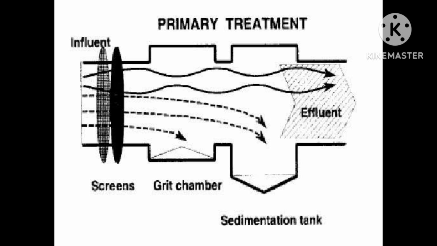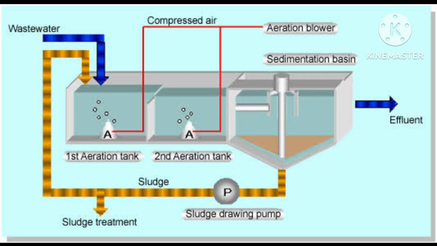Under the tertiary treatment, 5 steps are there. Mainly here it is chemical treatment. First is removal of phosphate from this effluent water, or wastewater, that we got under secondary treatment. Under secondary treatment we got the water, called effluent, and further we have to treat and purify it.